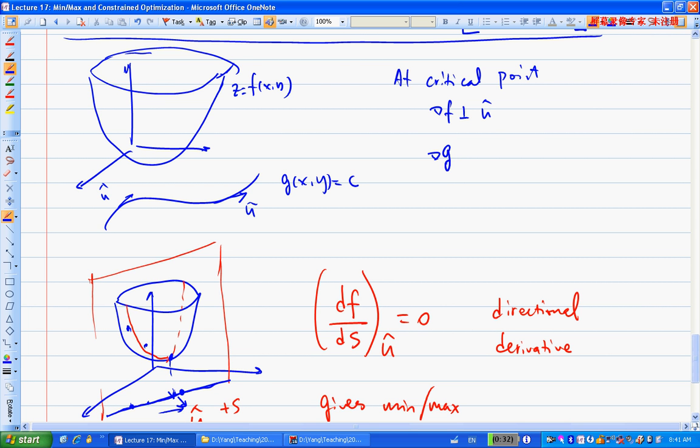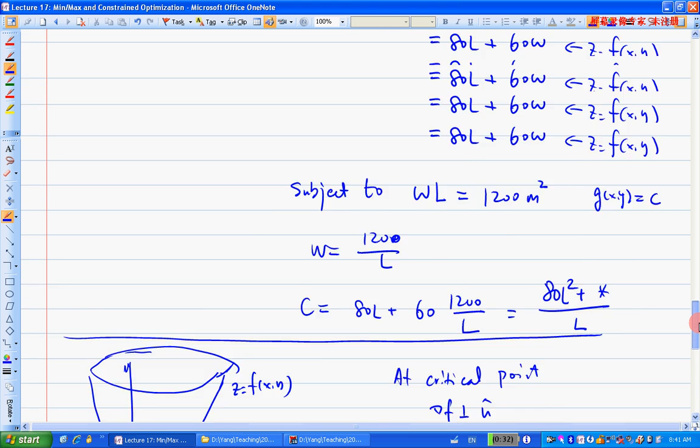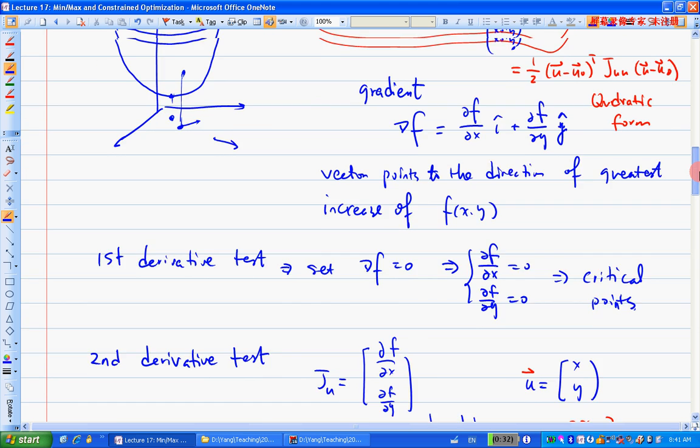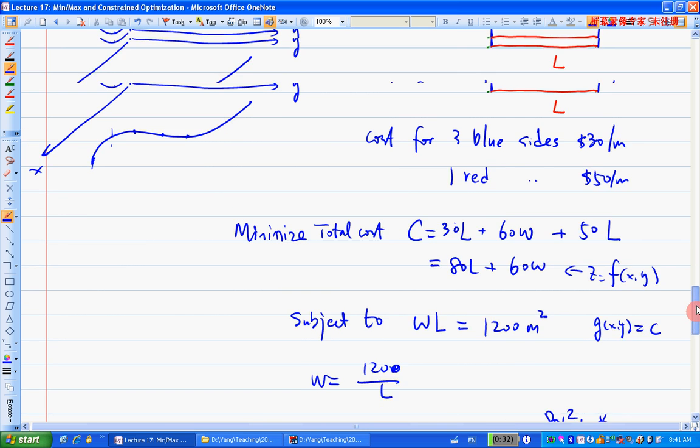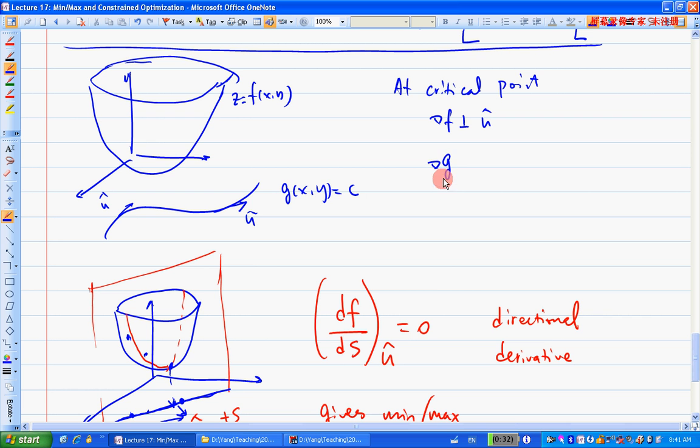If I take the gradient vector of g, del g, there's one sentence I wrote here: when we talk about the gradient, it points to the direction of greatest increase of the function. So there is this rule here. The gradient of the function g is perpendicular to its tangent vector u hat. So del g is guaranteed to be perpendicular to u hat.